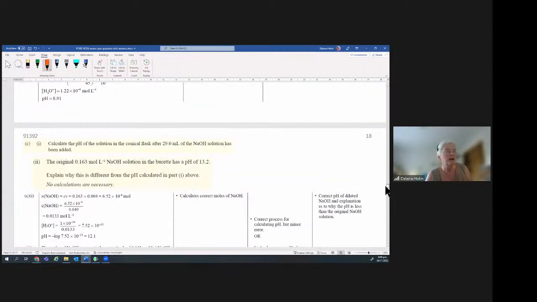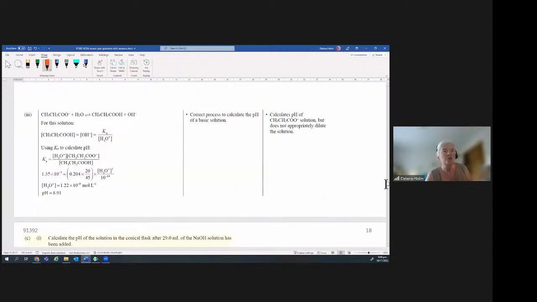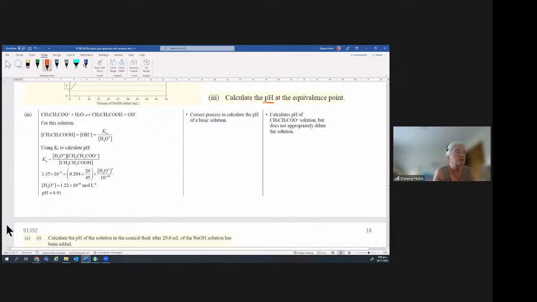Okay. So going back over here, you just need to notice how they've changed the concentration because of that change in volume. And they had to do the hydrolysis equation of your weak acid anion that's formed, the salt that's formed.